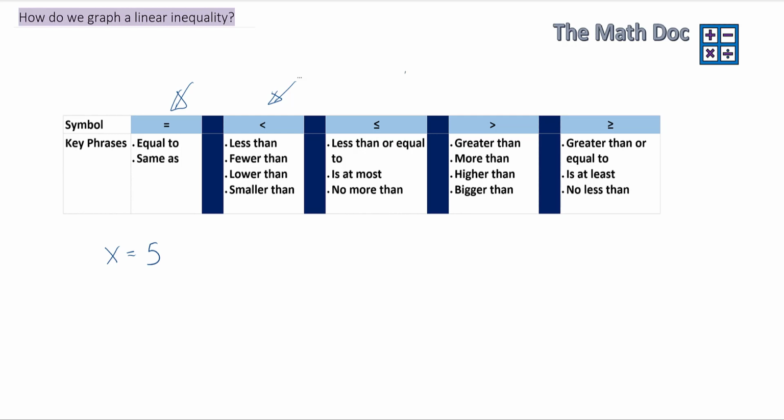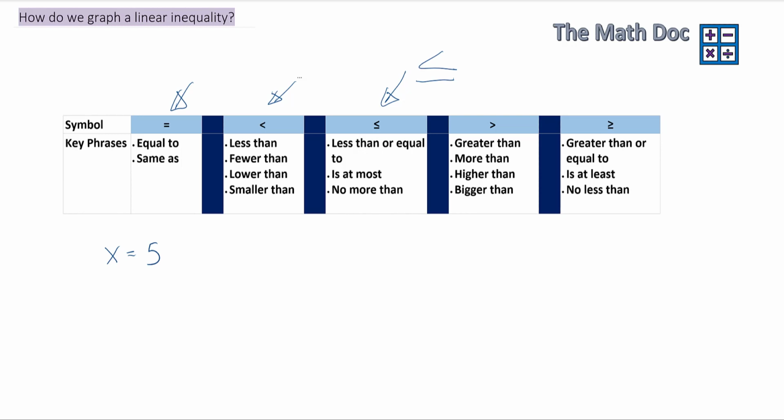We also have less than or equal to, where we have the less than symbol, I'll enlarge it here, with the equal, another line that symbolizes that we can also be equal to. So that is less than or equal to, or another phrase would be is at most. So something could be at most, say 5, or no more than. Those are the types of phrases we can find with this symbol.